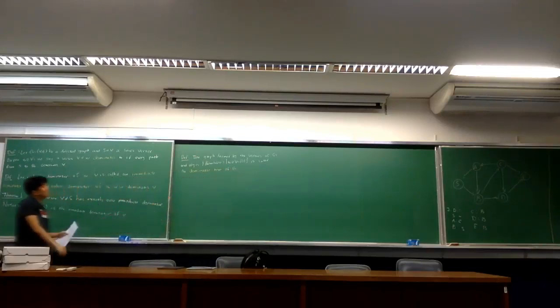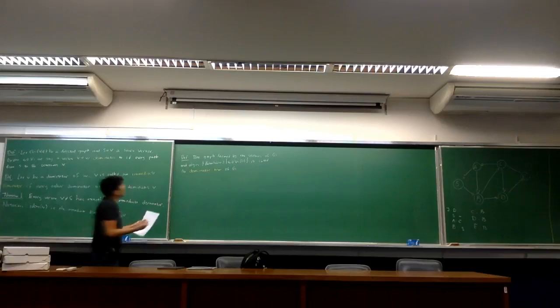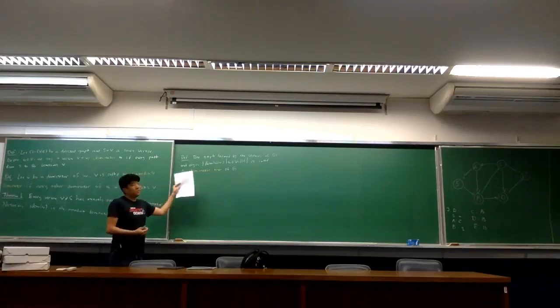Okay, so if you take all the vertices and their immediate dominators and connect each other, we will get a tree, and we call this tree the dominator tree.